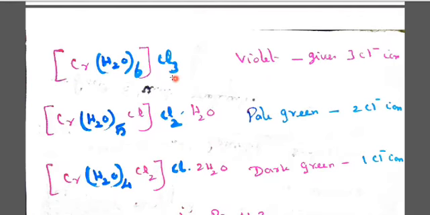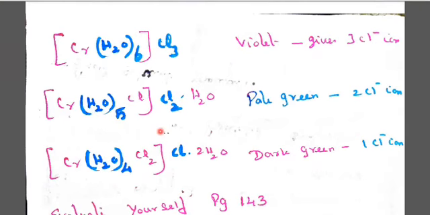So outside a 3 part, inside a 6 part. When you remove one water, one chlorine from outside gets inside. So H2O 5 and Cl 6. Here the outside part has 2 chlorine and 1 H2O. And then again you remove one more H2O, that is 2 H2O. Out of 3 chlorine, 2 chlorine enter inside. So the outside part has Cl and 2 H2O, and inside it is H2O 4 times Cl2.